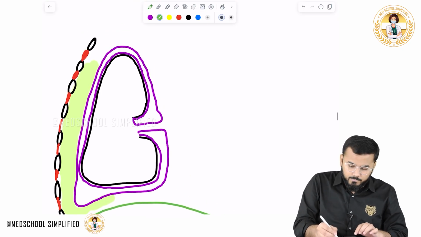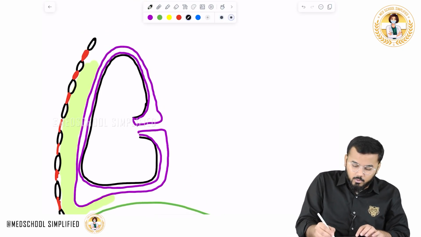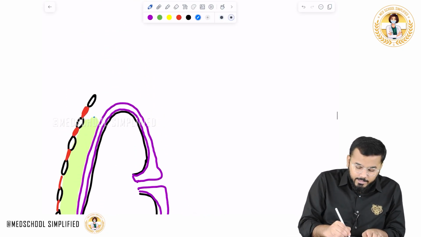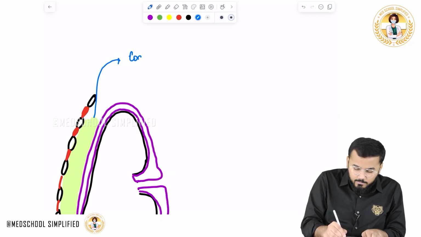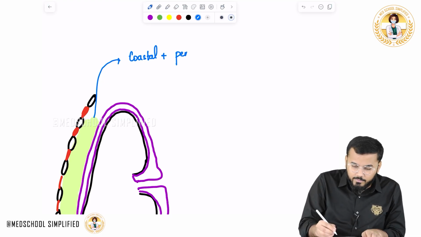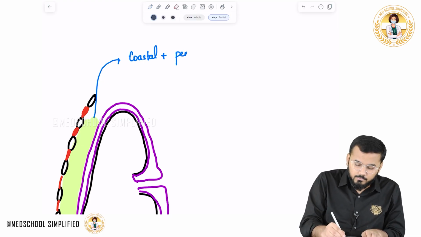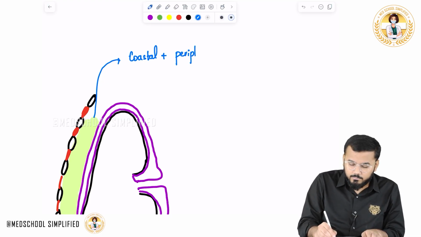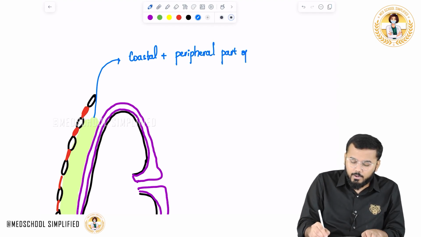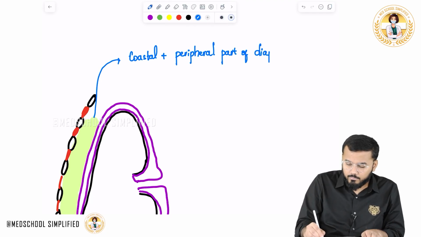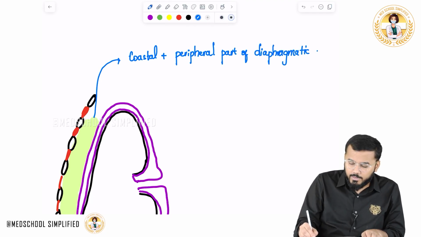Okay, so if I have to write it down, I will write it down like this. For example, costal plus peripheral part of diaphragmatic pleura.